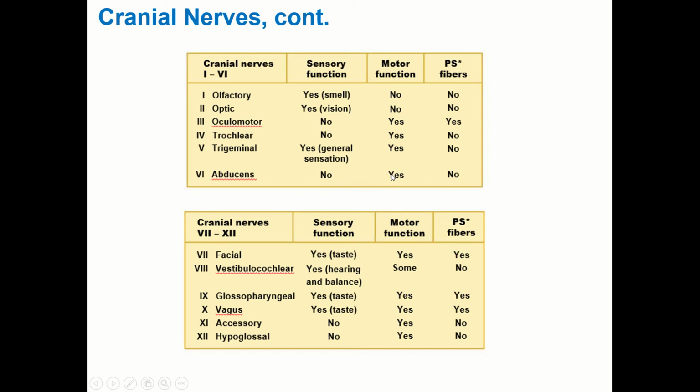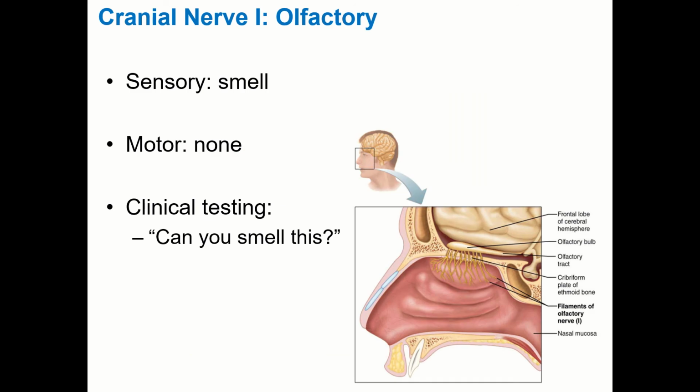But does it have a motor function? Yes. And then does it have autonomic fibers, is essentially what this is. So this is a handy little table to be aware of. And then, without further ado, on to the first cranial nerve, which again is the olfactory nerve.